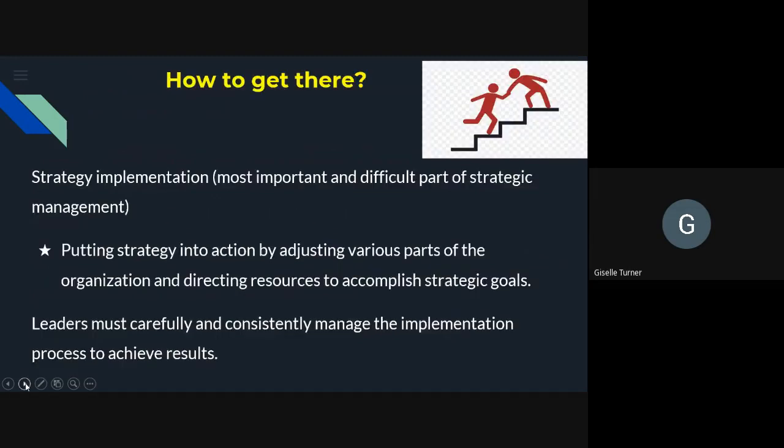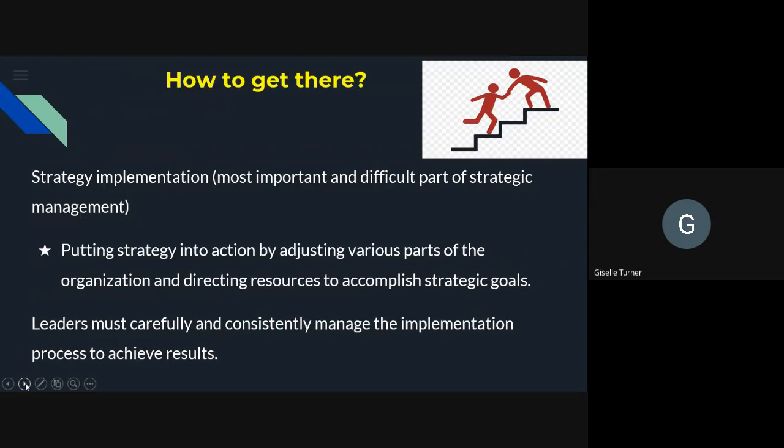So how are we going to get there? Implementation. This is the most important and the most difficult part of strategic management. So putting strategy into action by adjusting various parts of the organization and directing resources to accomplish strategic goals.